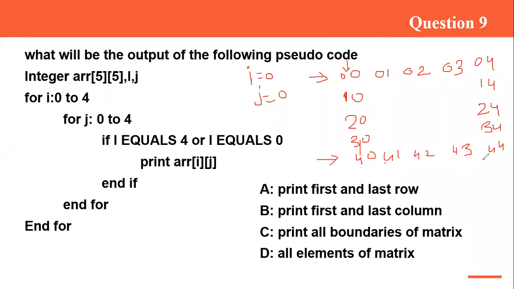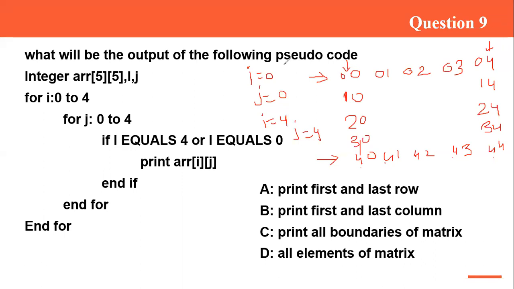I mean the first value; i means the first value, j means the second value. i is always 4. And in the last column, what is the j value always? 4. Got it? So if any one of these conditions is true, I can say the answer is to print that. Everything should be connected with or, because any one can be true. I hope you got it.